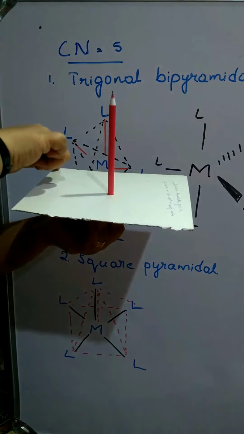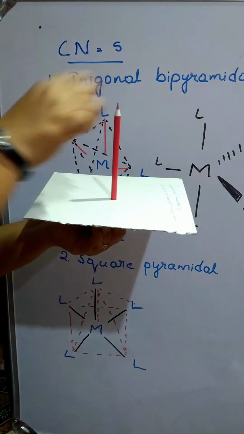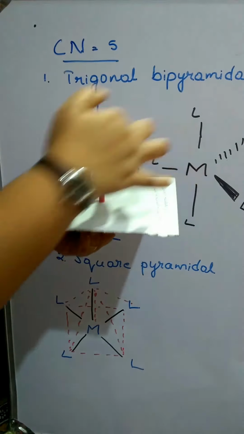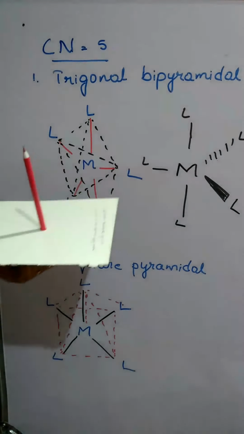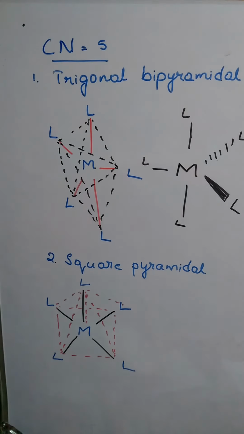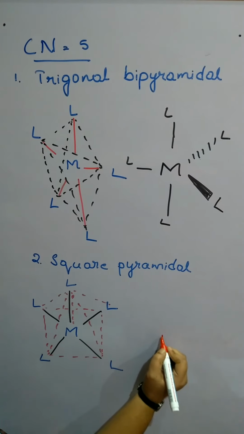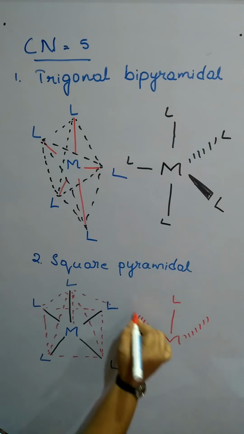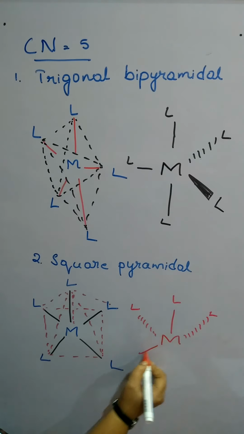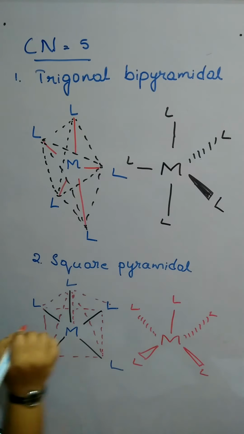This is one ligand. If you are joining all the ligands, it forms a pyramidal structure. That is what it indicates, square pyramidal structure. We shall see how it looks in a three-dimensional arrangement. Metal, inner plane, two ligands are far from the observer and two are near to the observer.